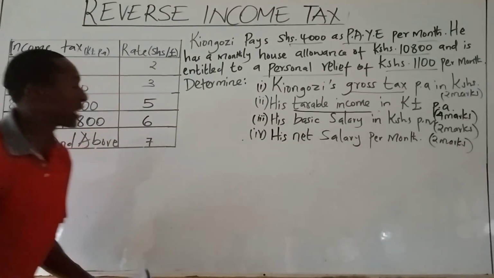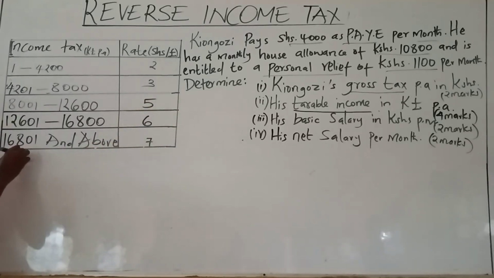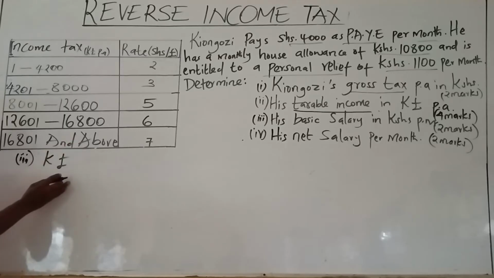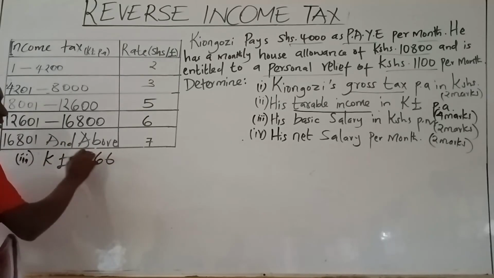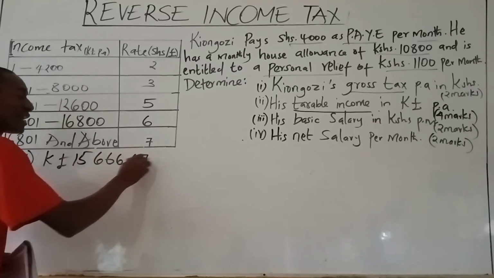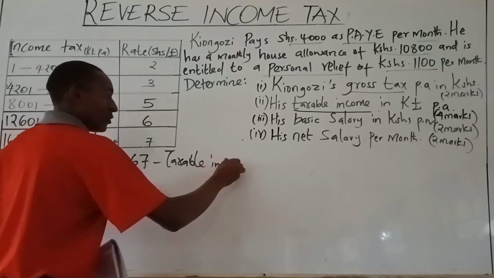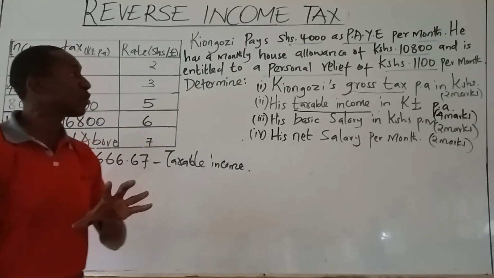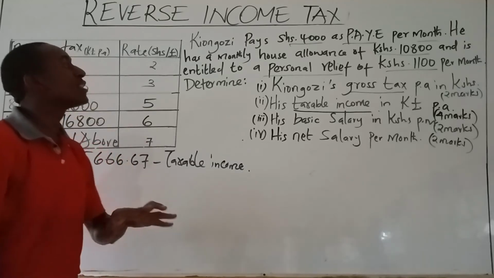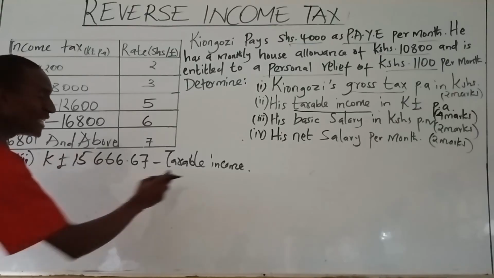So we're looking for basic salary. Remember, we are now in Roman 3. And in this case, we already have taxable income, which is 15,666.67. You need to go back to the question and check whether this person is housed by the employer. And if not, you will use the normal formula for finding taxable income.